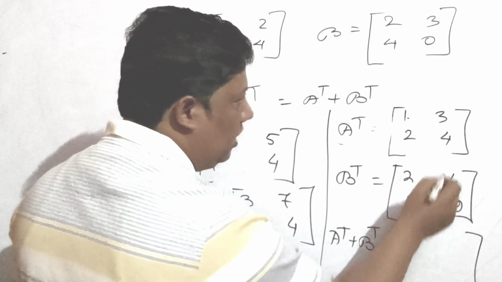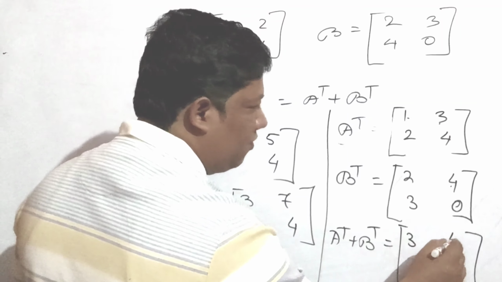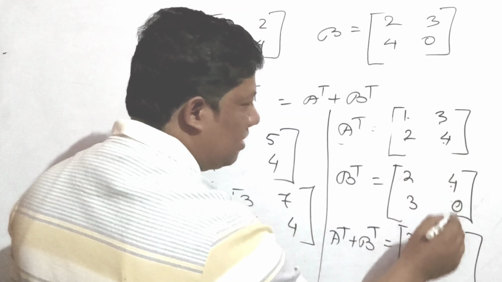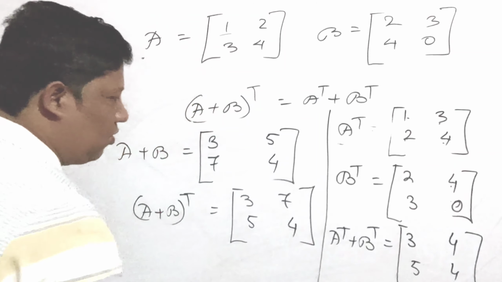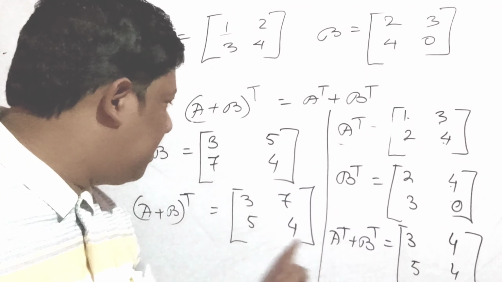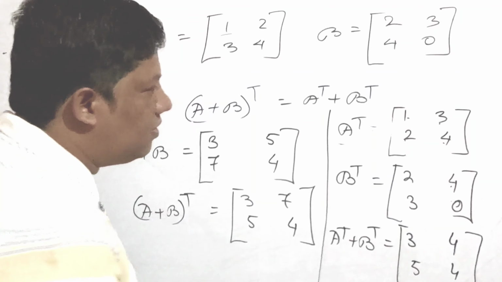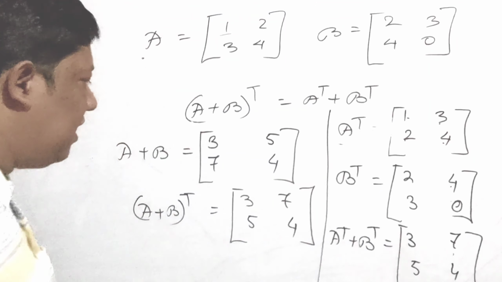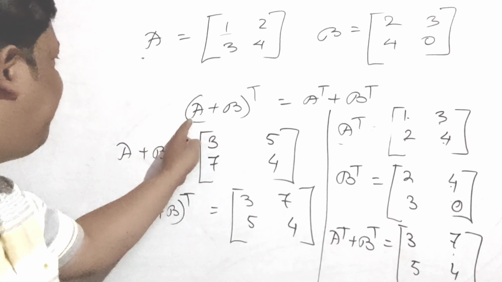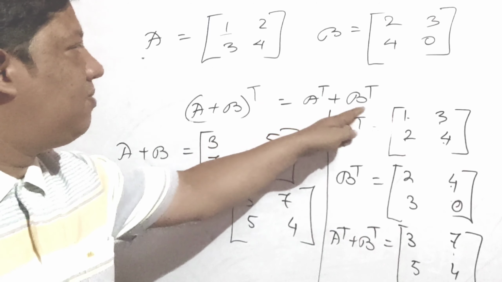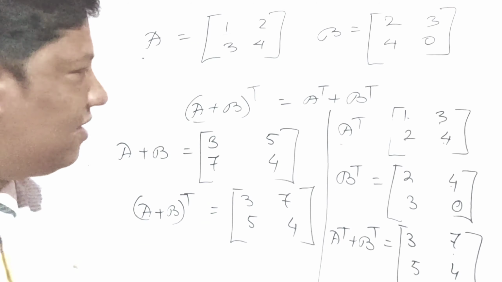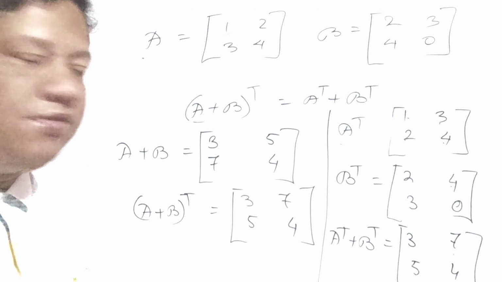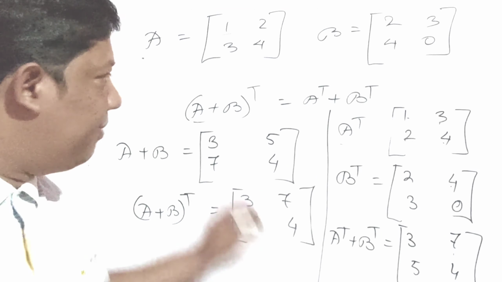Row 3, and first element added 4, second 5, and third 4, and this is equal to, look here, these both sides are equal. Yes, it is 7, and these both sides are equal. That means (A plus B) whole transpose equals A transpose plus B transpose. Like this result, these questions you can also prove using this method.